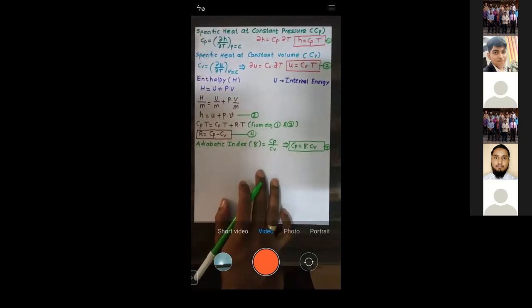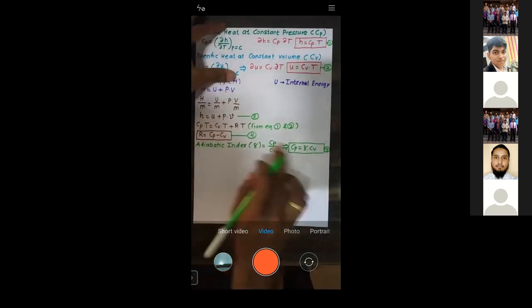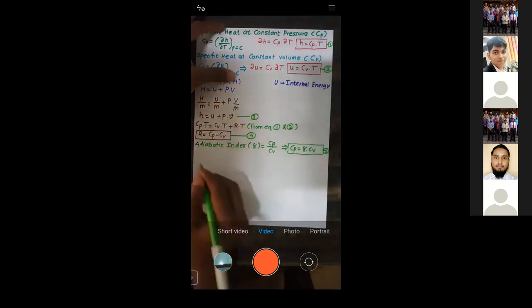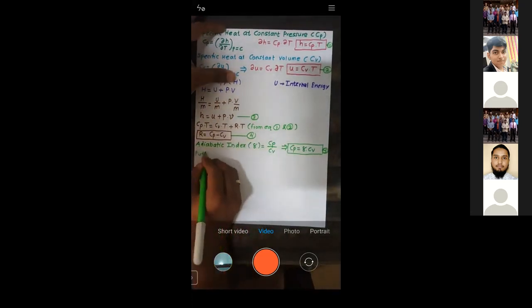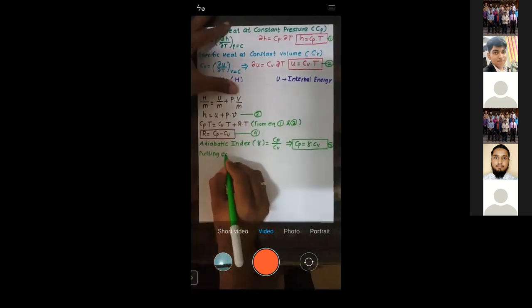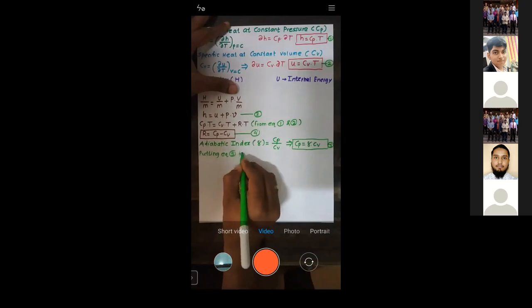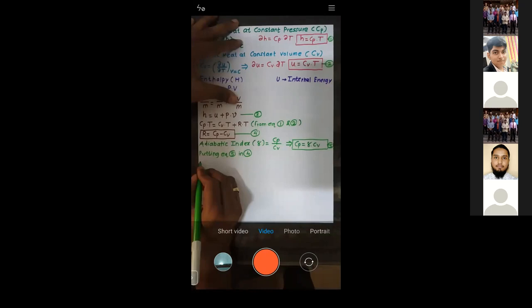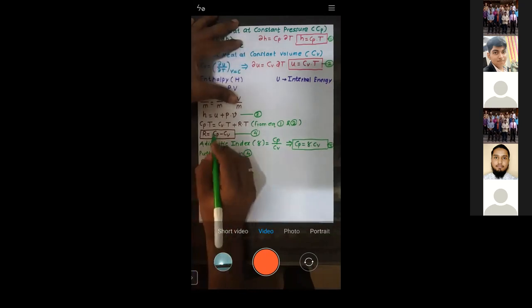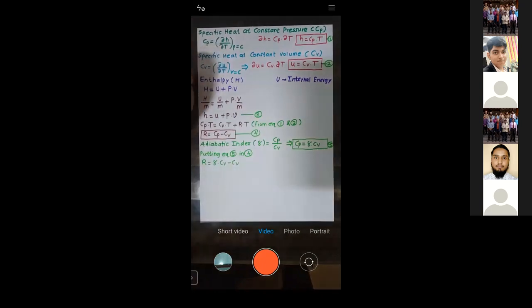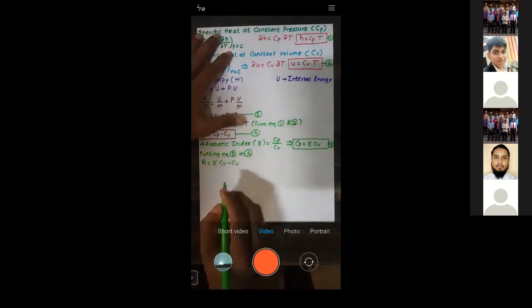Now I will put the value of Cp here, putting equation 5 in 4. So R is given by, what is the value of Cp? Gamma into Cv minus Cv. From this, what value of R will I get?